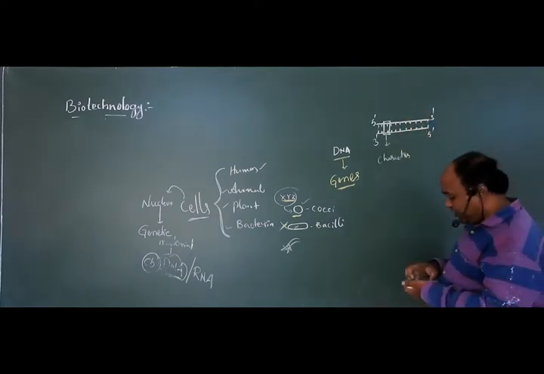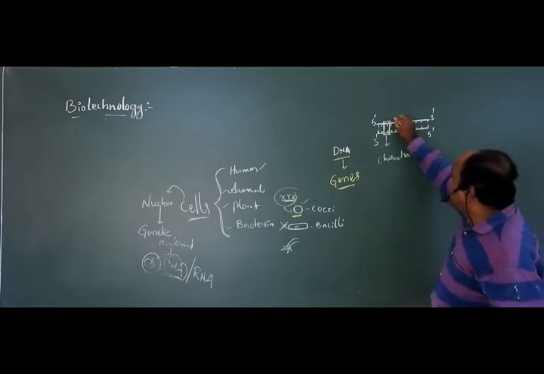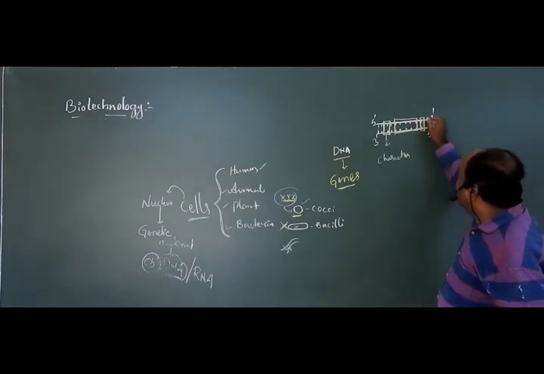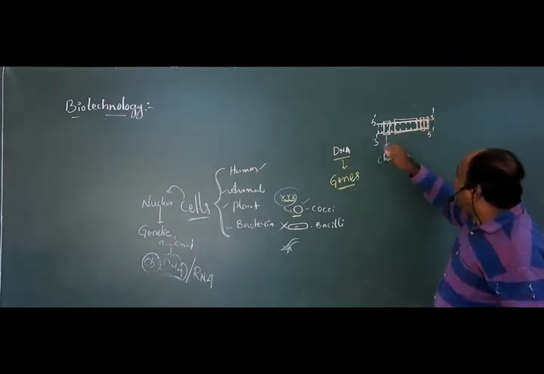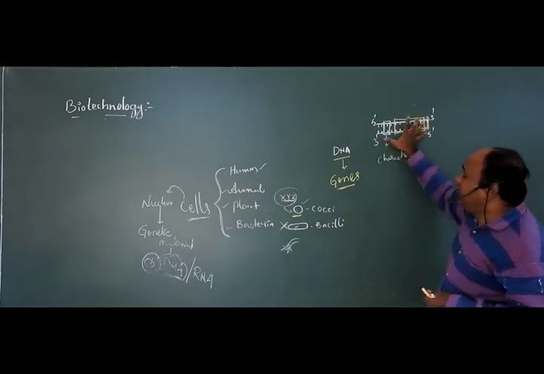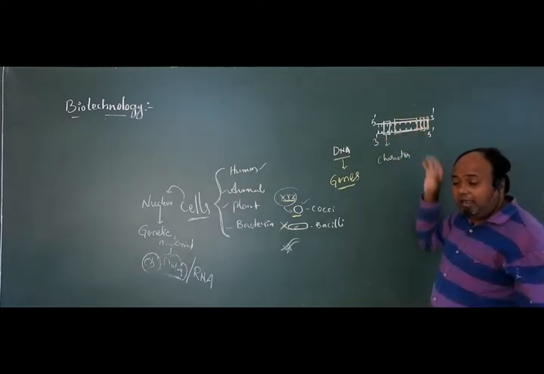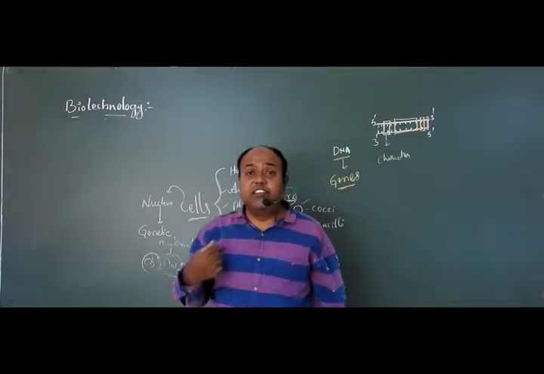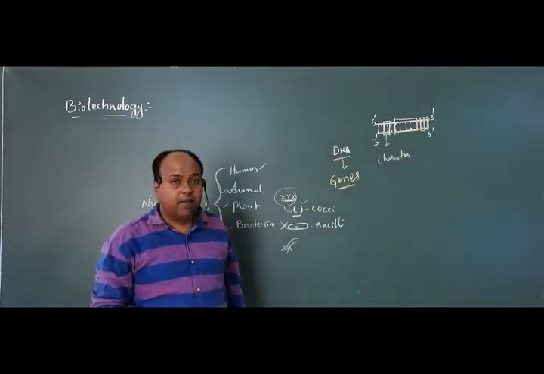Remember, this part is one gene and this is another gene. From here to here is one gene, and from here to here is another gene, and this is another gene. Like that, many genes are present on the DNA and each gene represents a character.